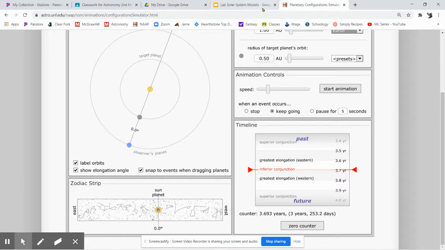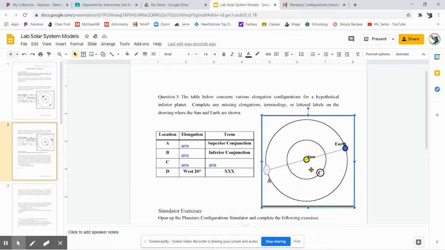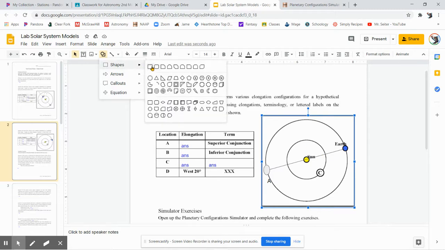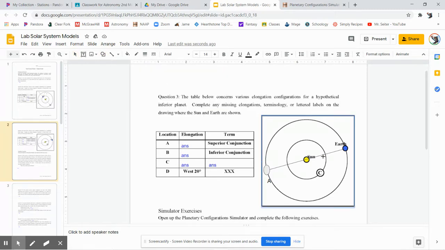So on B, this time B is going to be right here. Boom. And we'll put down a little text box there and we'll say B. There we go. So we have A, B, C, and C. We need to get that angle there.